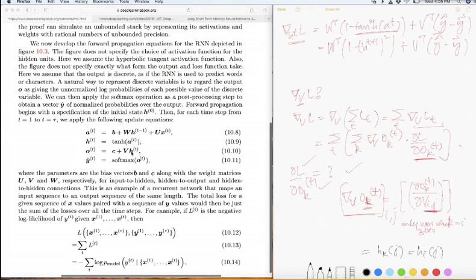It's h_j, and where does the k go? Any guesses? Where does the k go over here? Let me write it more precisely.